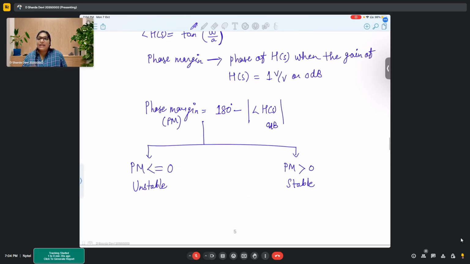Higher the phase margin, more stable the system. So the more phase margin that you have, the more the stability will be. That's how you define the stability of your system.